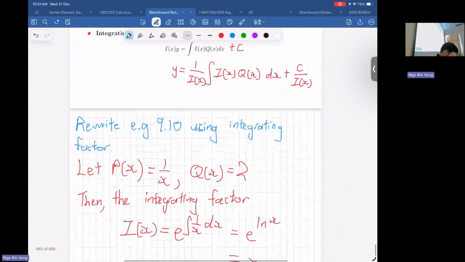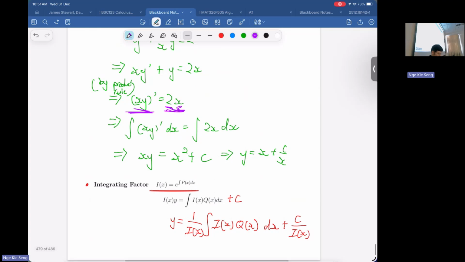Yeah, I think the notes have a little bit of a problem. You need to add a C there.